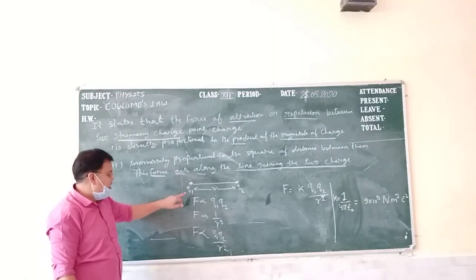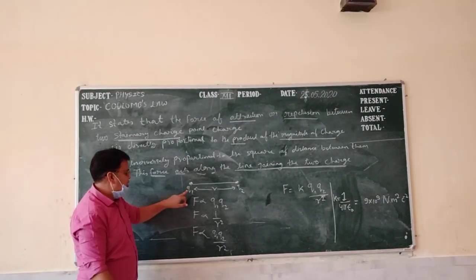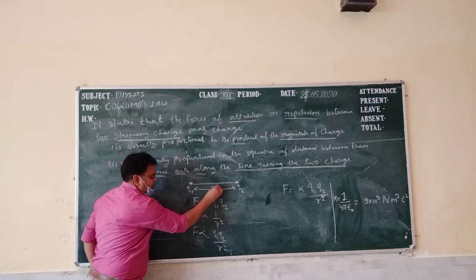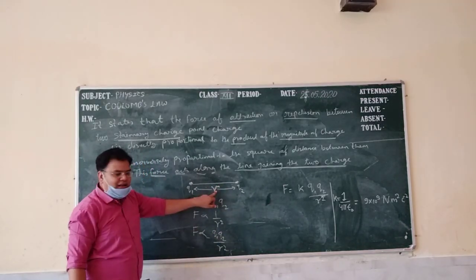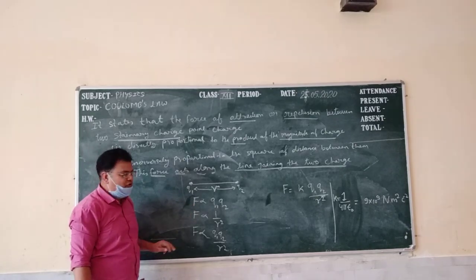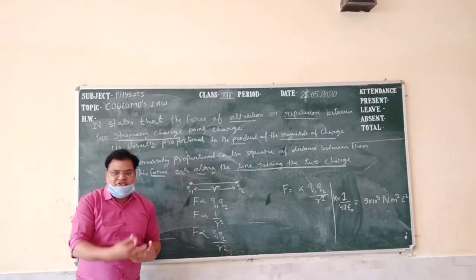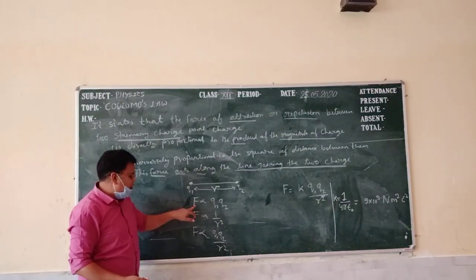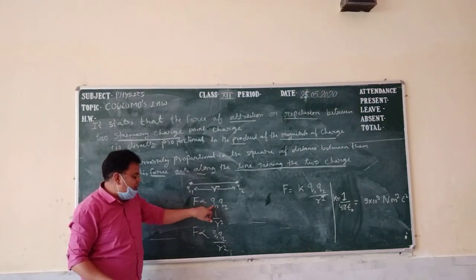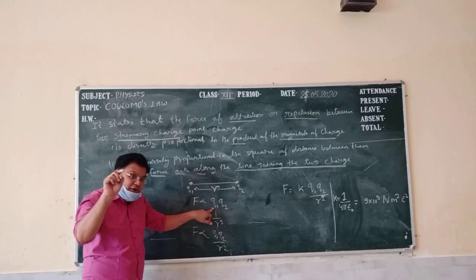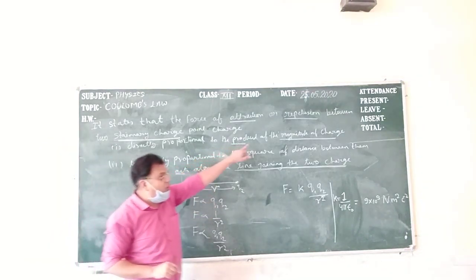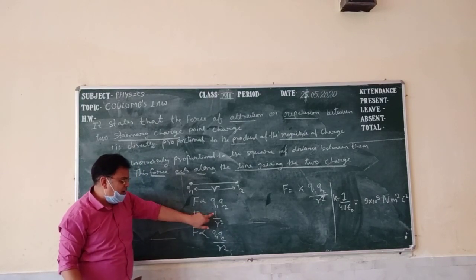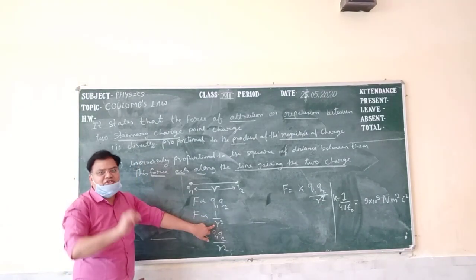Here, formulated, if there are two charges Q1 and Q2 separated by distance R, then the force F may be a force of attraction or repulsion, depending upon the nature of the charges. Force F is directly proportional to the product of the magnitudes of the charges and inversely proportional to the square of the distance between them.